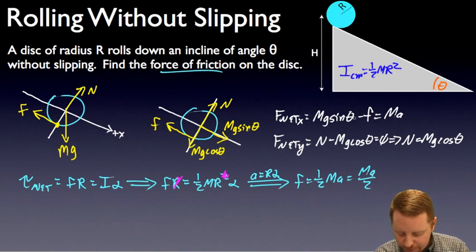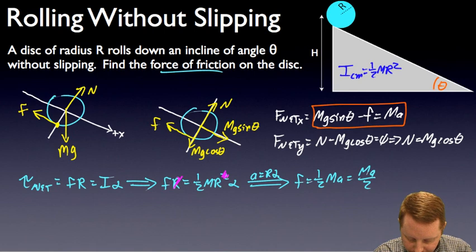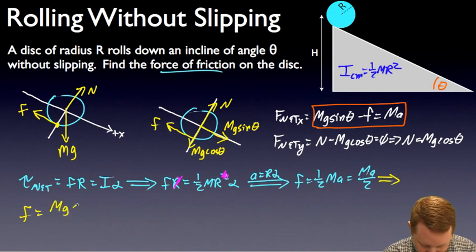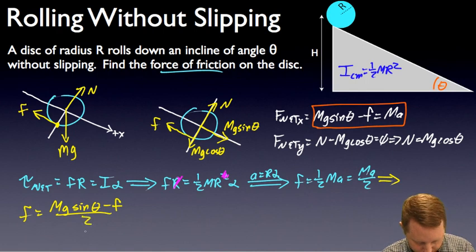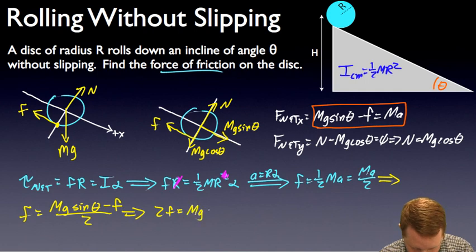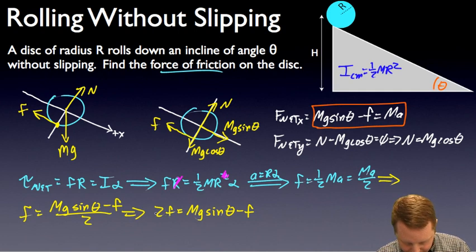But what I can do is look back up here at my previous equations, and I can see that ma is equal to mg sine theta minus F. A little bit of substitution here, and I could write that F is equal to, ma is just going to be mg sine theta minus F, divided by 2. Multiply both sides by 2 to say that 2F equals mg sine theta minus F. And if I add F to both sides, this becomes 2F plus F, or 3F.